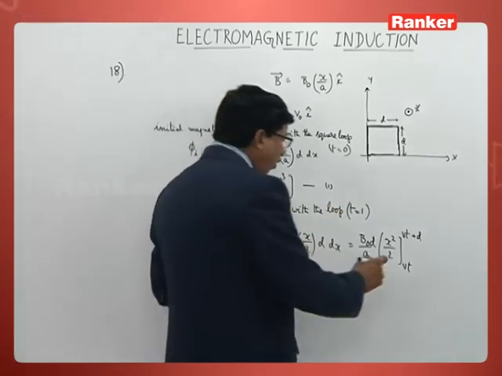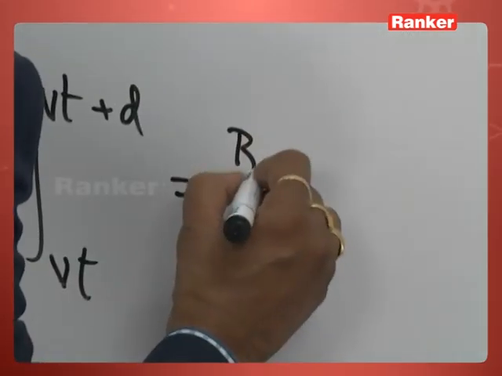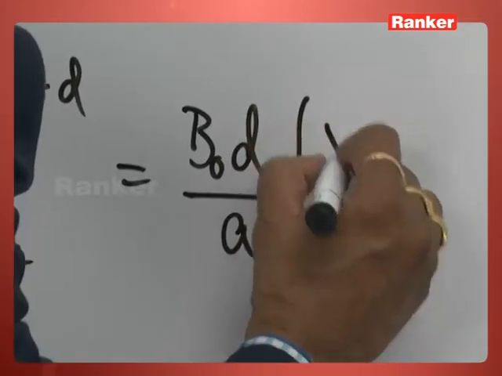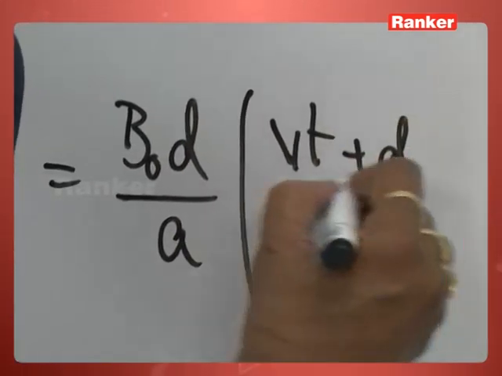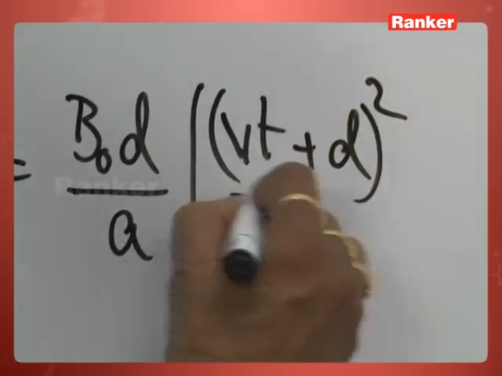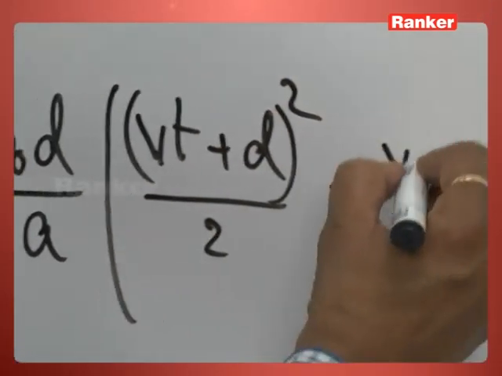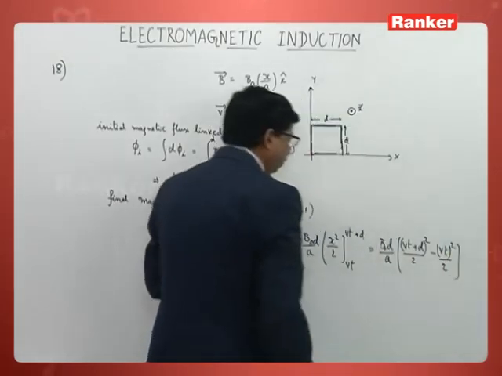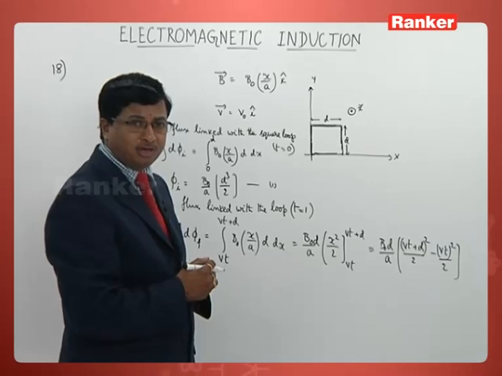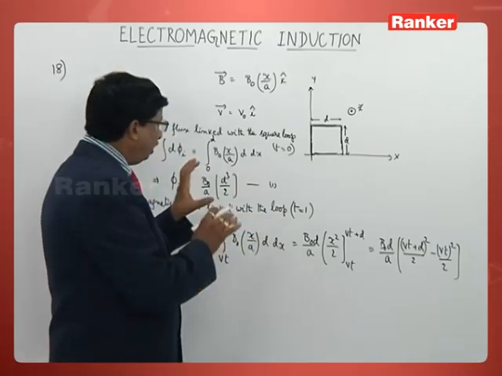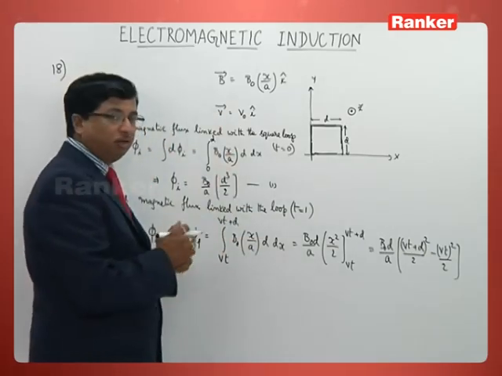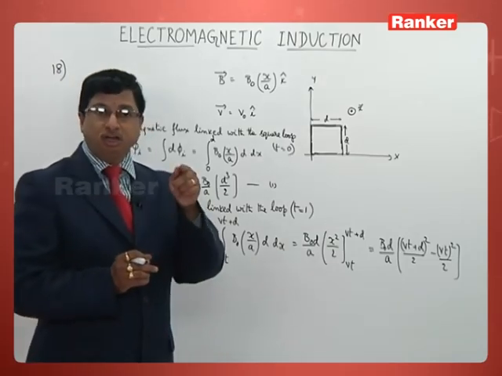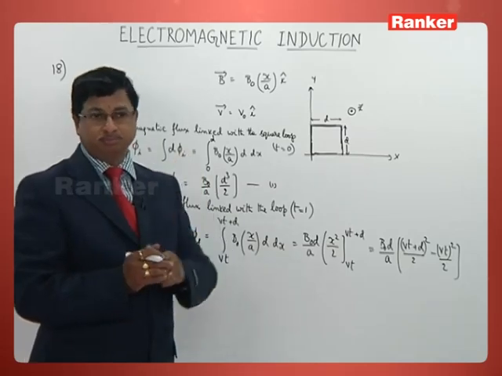So what we can write now from this? It's b naught d by a into vt plus d whole square by 2 minus vt whole square by 2. That anyhow you can simplify, there's nothing wrong in that. What ultimately we want from this calculation? He is simply asking you what is the induced EMF in the loop.